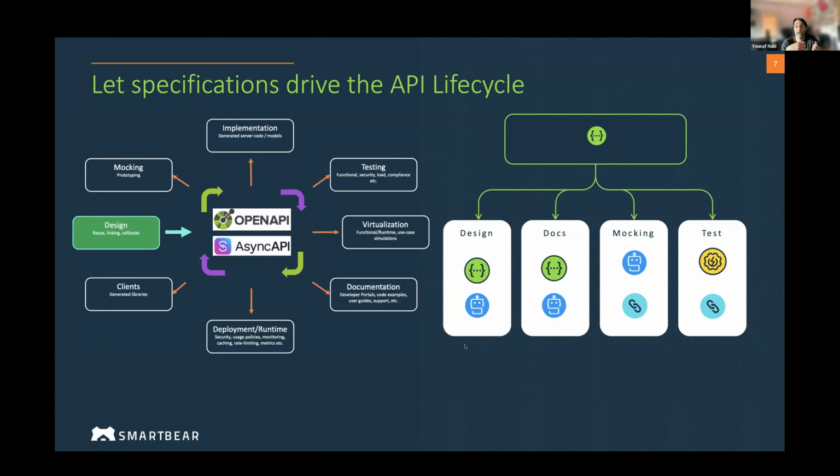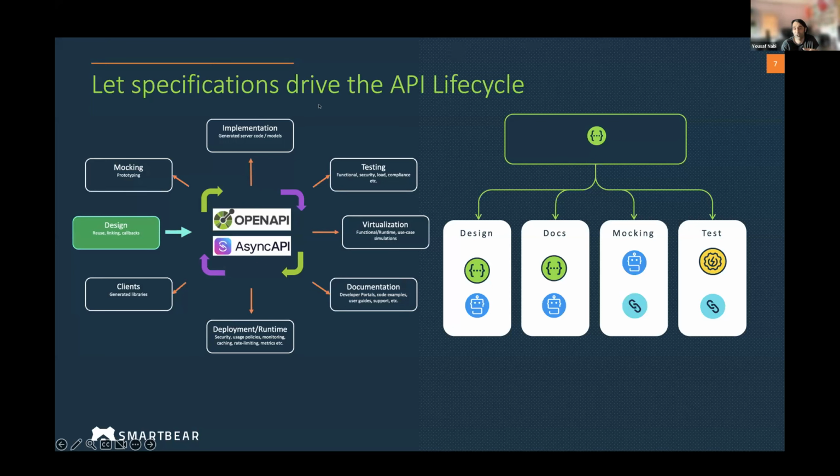You can then potentially use mocking tools to do quick prototyping and provide working endpoints that clients can consume. You can also drive clients with generated libraries, generate really rich documentation, drive various testing phases, and bootstrap parts of your implementation to drive your development.